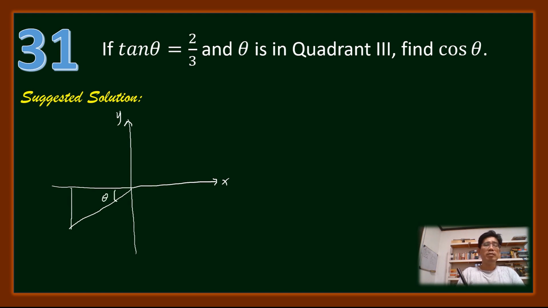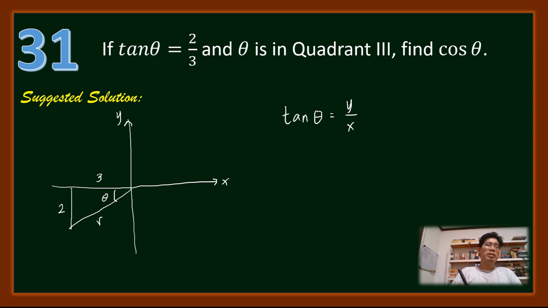So we have theta. Then we know that tangent theta is equal to y over x. y is the y-coordinate of the endpoint of the radius vector, and x is the x-coordinate of the endpoint of the radius vector. And the right triangle formed will have 2 as the length of the opposite side of theta, and 3 as the length of the adjacent side to theta.